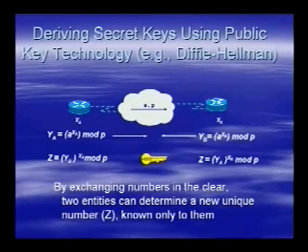Then they exchange YA and YB with each other, and they again go through this mathematical function and end up with the shared secret Z. So in essence, what Diffie-Hellman does is you can send some large numbers in the clear to each other and end up with a shared secret that's only known to those two parties.